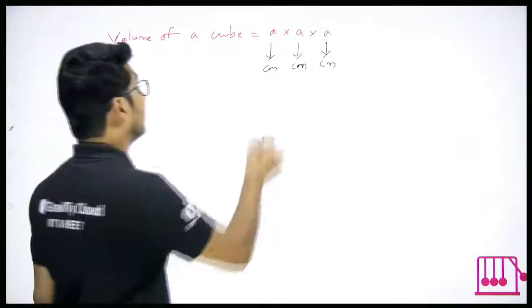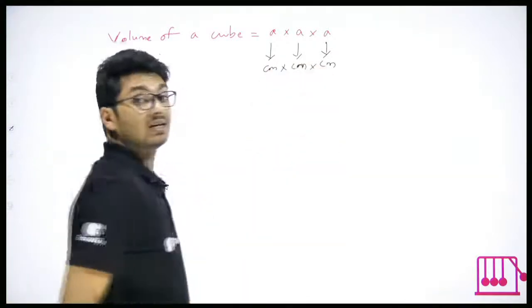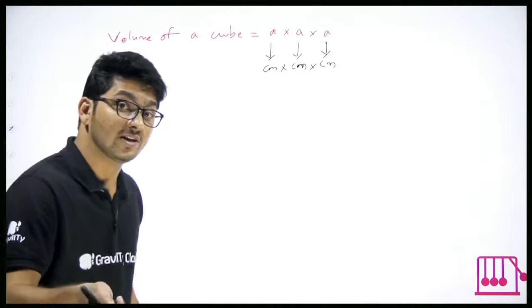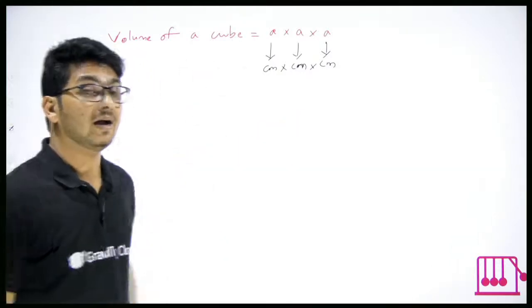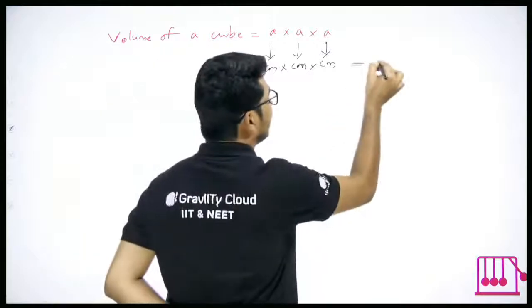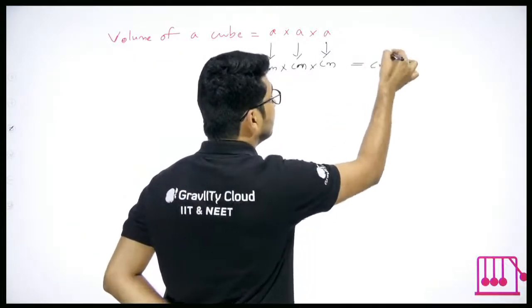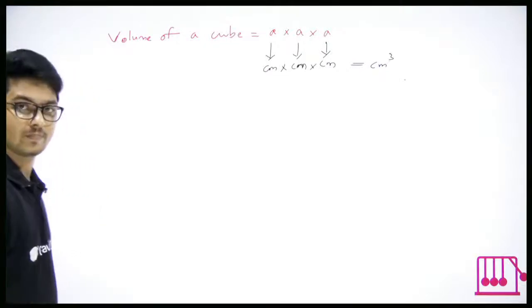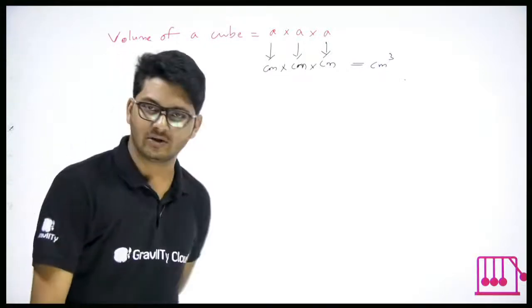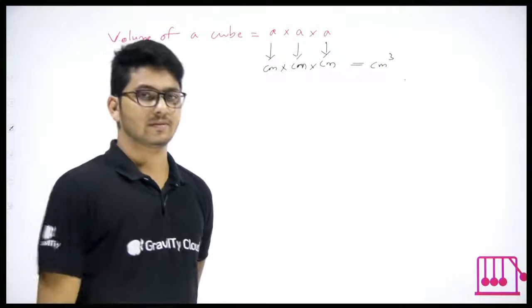That means you're multiplying it 3 times: centimeter into centimeter into centimeter. So what does that become? It becomes centimeter cube. So meter cube was the SI unit, centimeter cube is another unit.